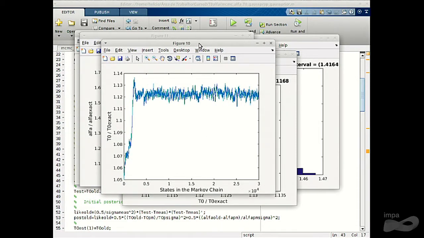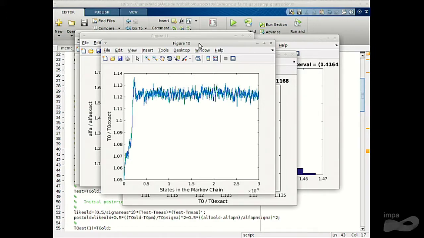But we have a very bad result, okay? We have a very bad result because we got stuck at some point, some equilibrium distribution which is not exactly the posterior distribution obtained with the exact parameters, because the effect of the prior was very strong, okay?